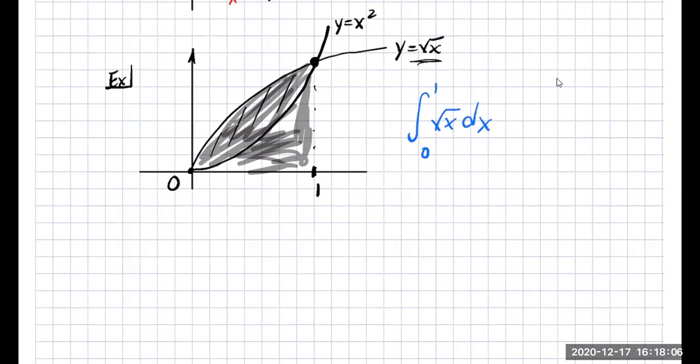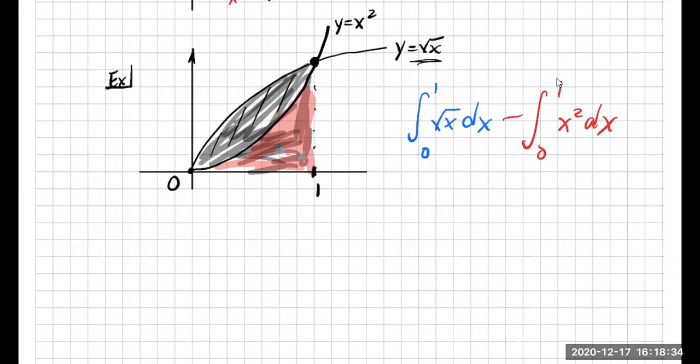But the next thing we would do is take the area underneath of y equals x squared, the basic squaring function. All of this right here. And subtract it out. Oops. Okay.